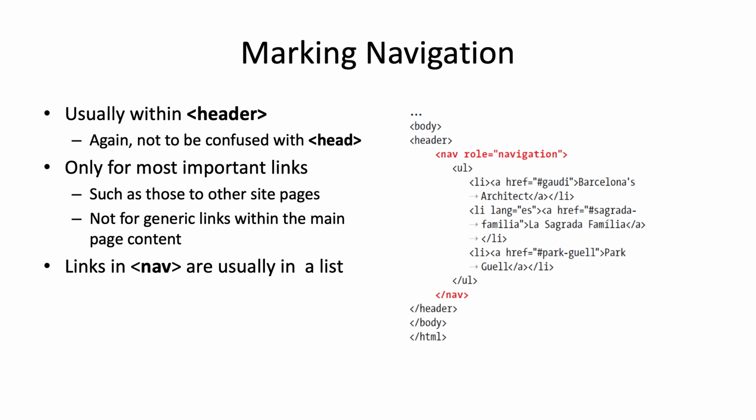So in this example, you can see inside the header, you have the nav element, and inside it is a list, and each of them is a link to another page of the website.